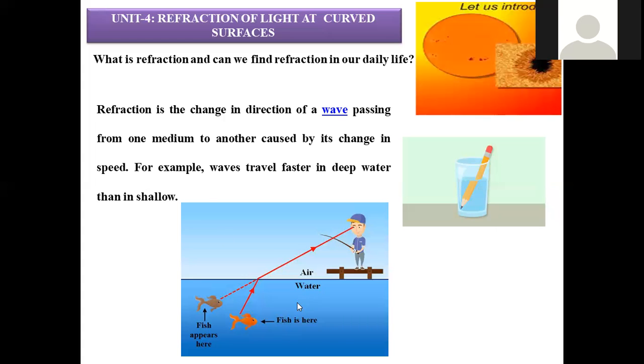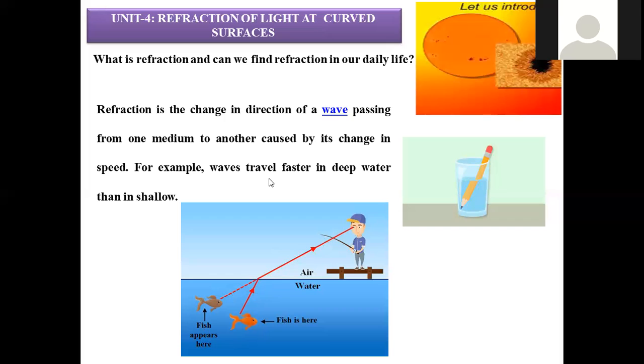Let us take another example: water with a fish in it. One person is trying to trap that fish using a net, right? In that case, the fish is actually available here, but he assumes that the fish appears here. What could be the reason? When he observes with his vision, he actually sees the fish, but it appears in another place because of the process called refraction, right?